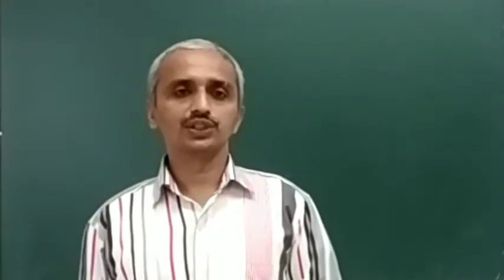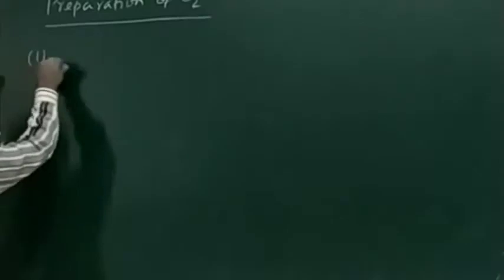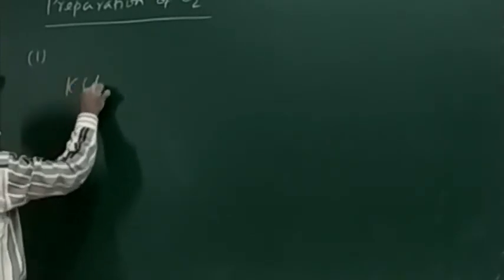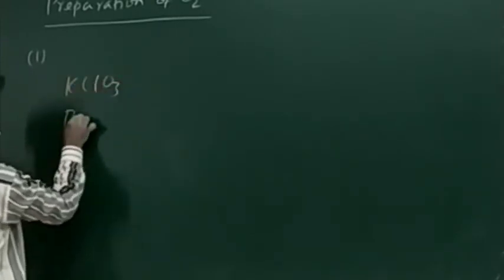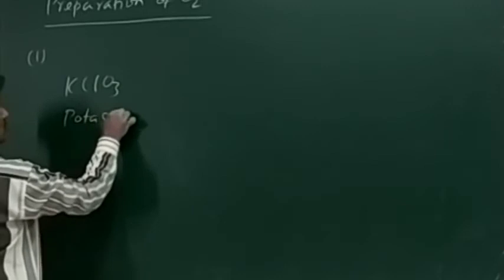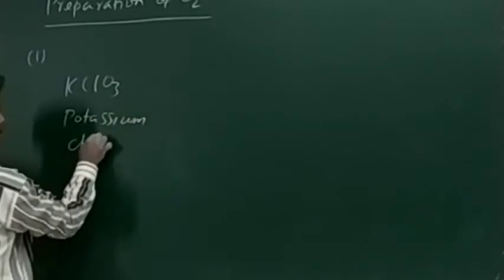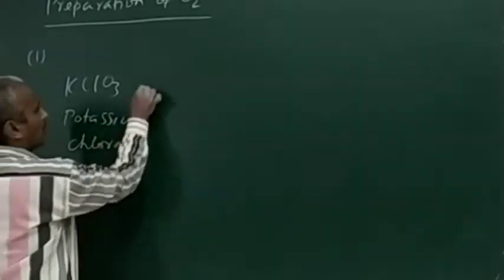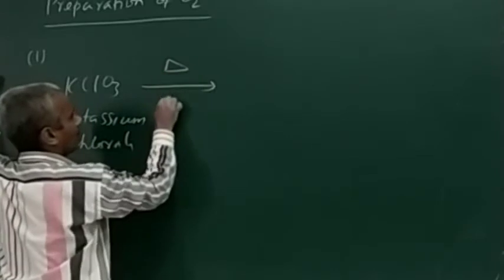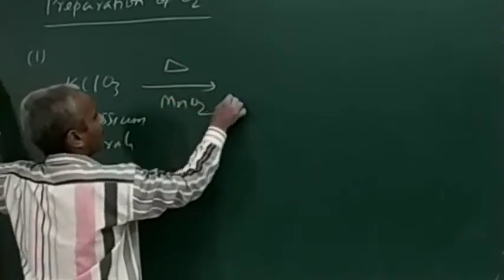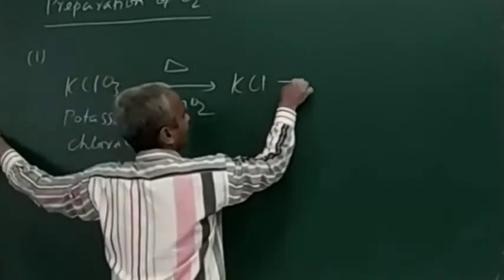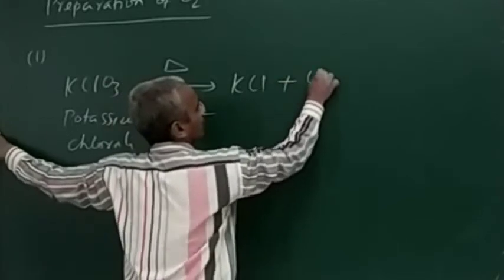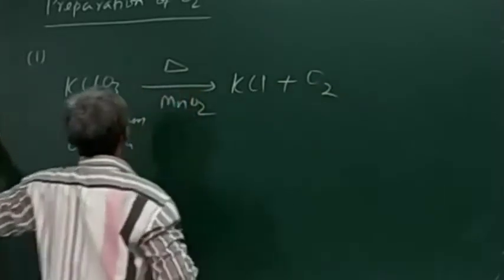properties of dioxygen. First method: take potassium chlorate and heat it strongly in the presence of MnO2. You are going to get KCl along with dioxygen.